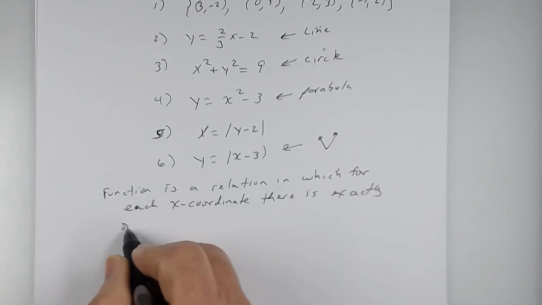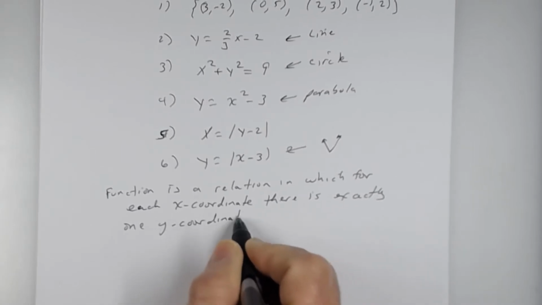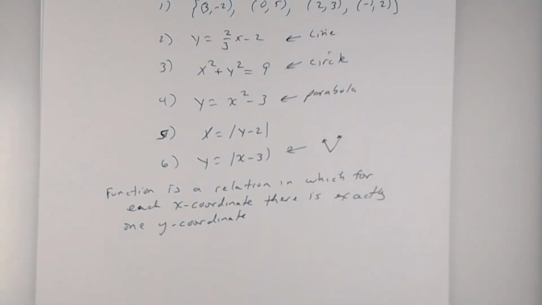One y coordinate. All right, so that's something you had last semester. It was on your final exam last semester. You had to determine whether a set of ordered pairs was a function or not. So a function is a relation in which for each x coordinate there's exactly one y coordinate.